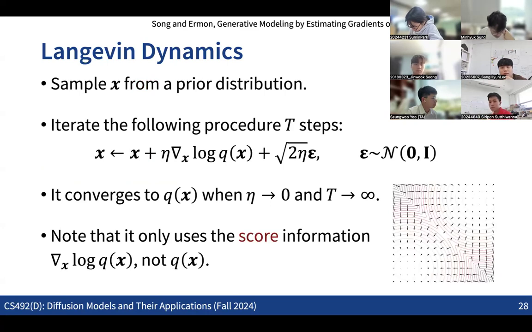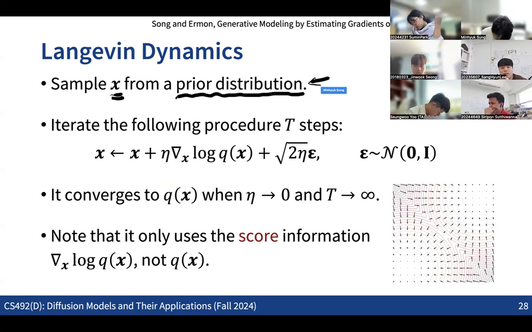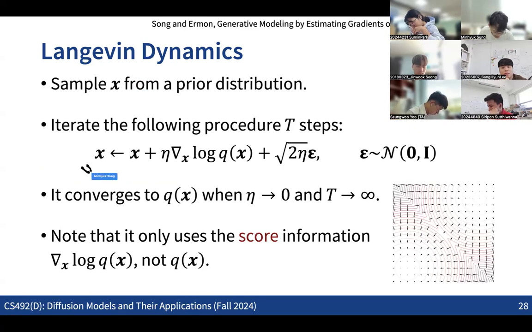There are several steps, but the basic idea is that we sample data points from a prior distribution, which is typically the standard Gaussian distribution. Starting from samples from the prior distribution, we simply iterate this process. From each data point, we add the score with some weight, and also add some perturbation with standard Gaussian noise.